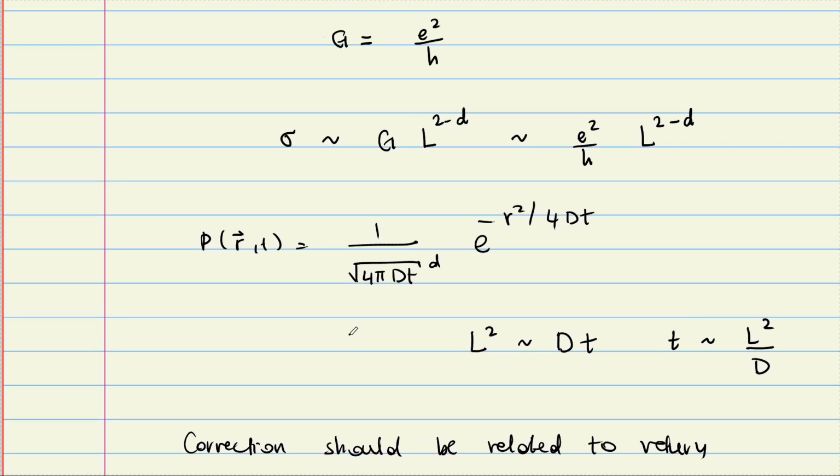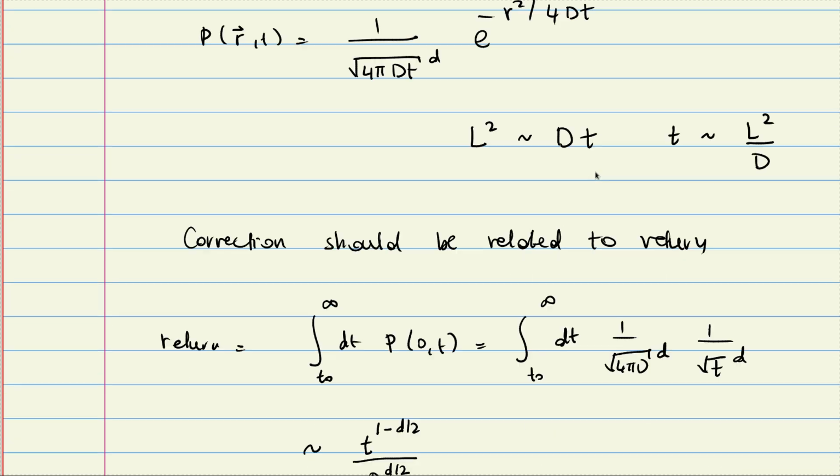So you can see I need to get something of the L to the 2 minus d. If I can get something like this from the diffusion, I can multiply it with E squared over H and I can get the conductivity.